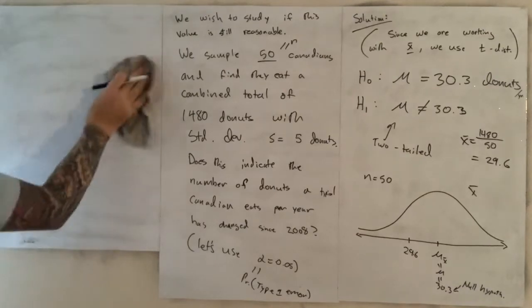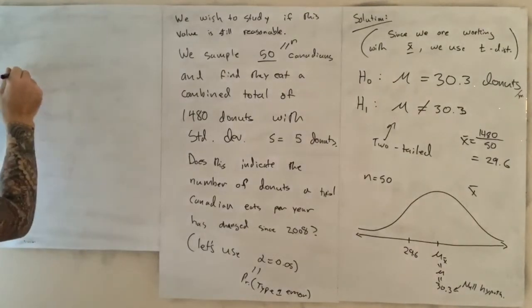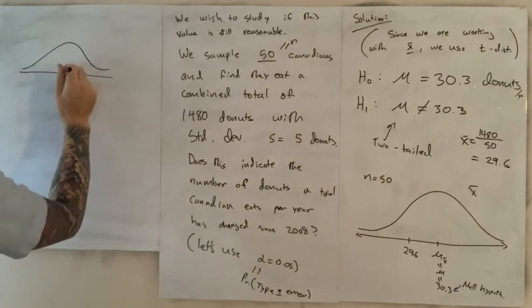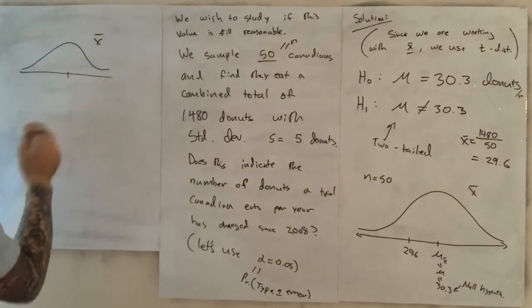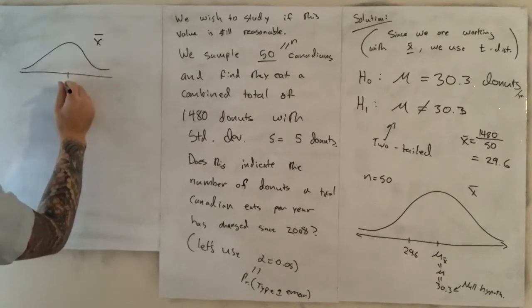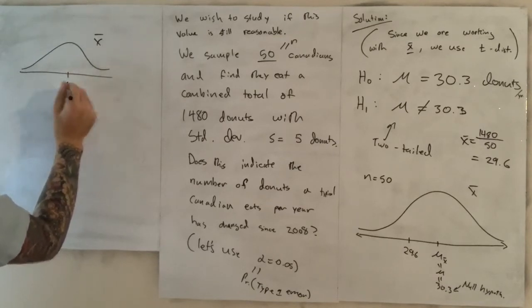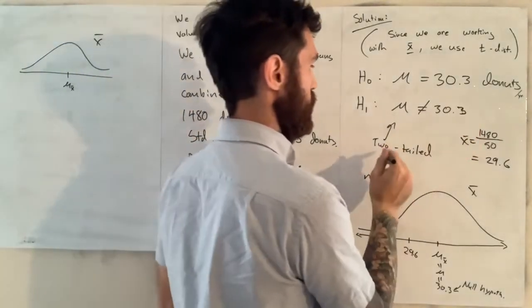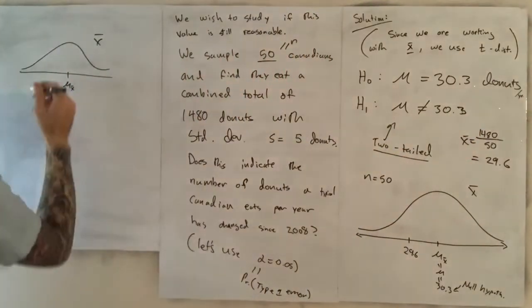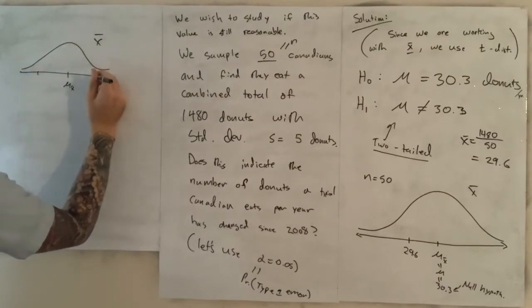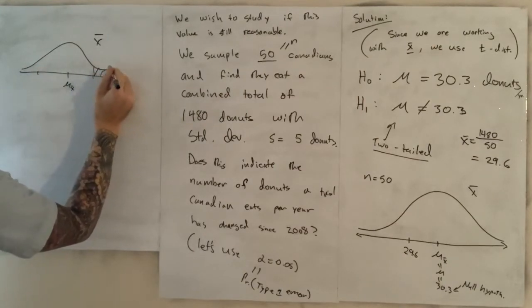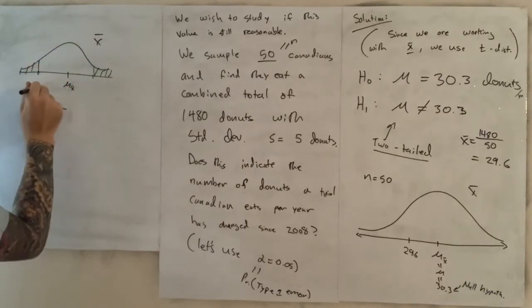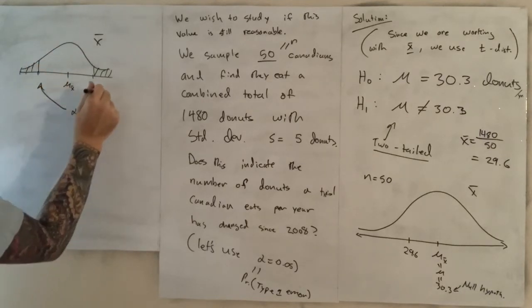So what does this mean? That means that if we look at our X bar and we have our mu of X bar there, since we're working with a two-tailed experiment, we have our two tails here. And this is going to be our value alpha.